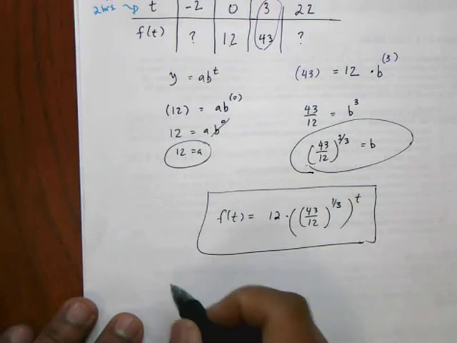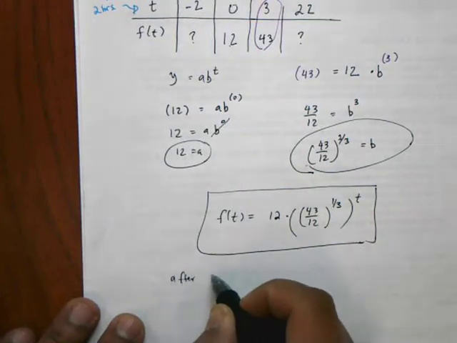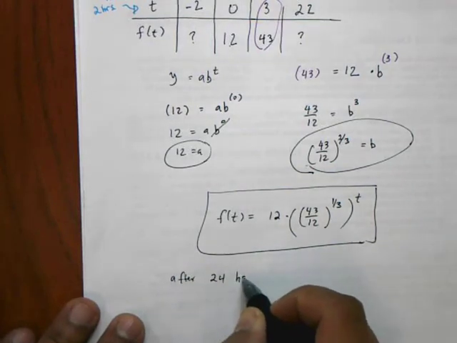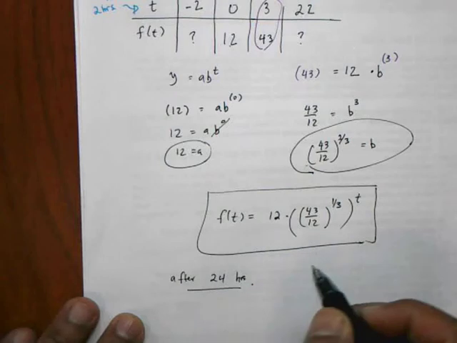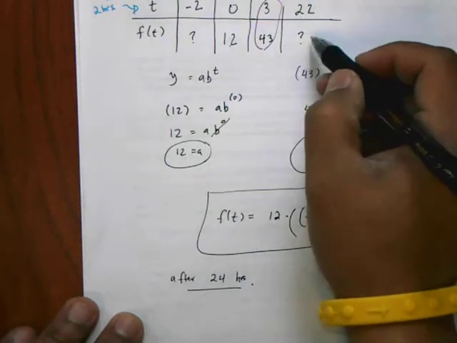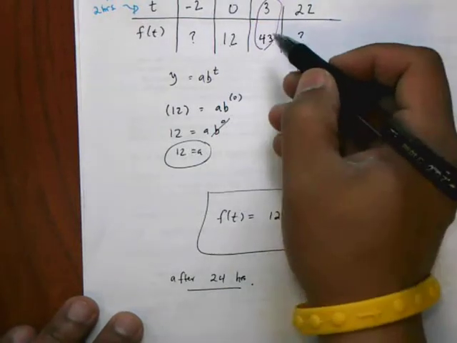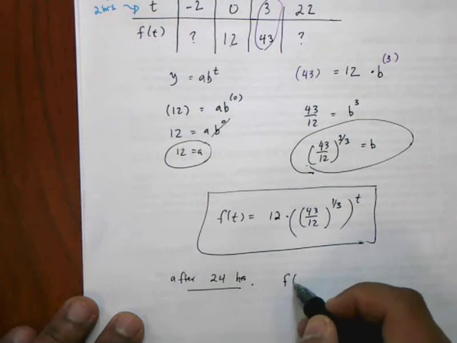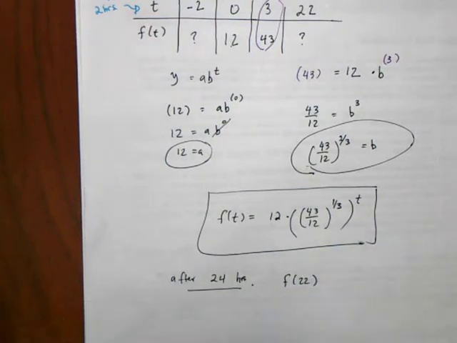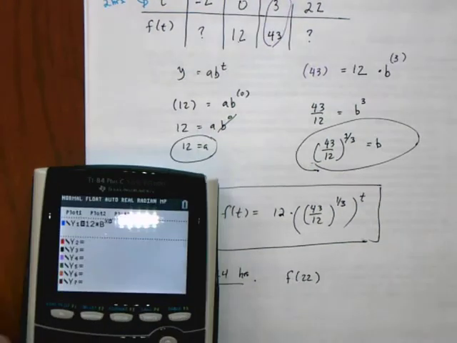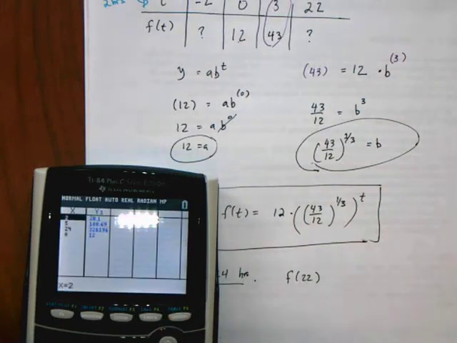But now we just have to be careful. After 24 hours, we cannot use 24 anymore. We have to use 22 because everything's been shifted down a little bit. So we have to use f of 22. And I'm going to go into my table here. I'm going to delete everything.